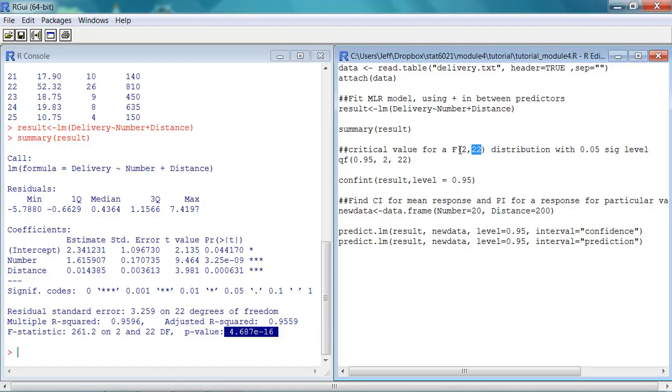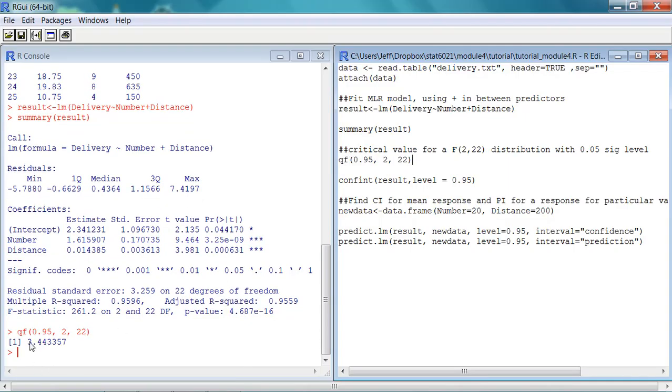In an ANOVA test for a multiple linear regression model, the first degree of freedom is the number of predictors. The second one is the number of observations you have minus the number of predictors, as well as minus the intercept. So it's going to be 25: you have 25 data points minus 3. To find the critical value, you put in 0.95, so at significance level 5%, basically 1 minus the significance level, and then the first and second degrees of freedom.